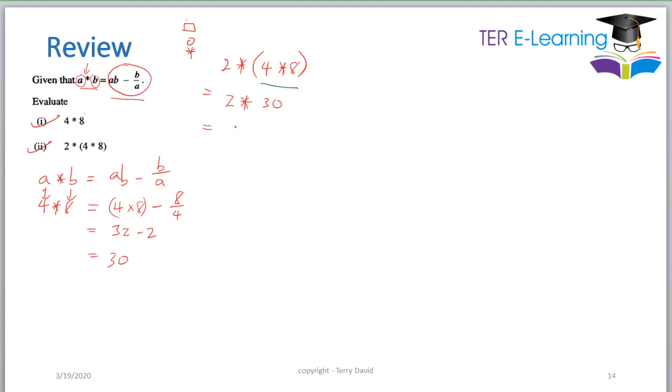So AB will be 2 multiplied by B, in this case 30, minus B over A, where B is 30 and A is 2. So 30 times 2 gives me 60, minus 30 divided by 2 is 15, and 60 minus 15 is 45.